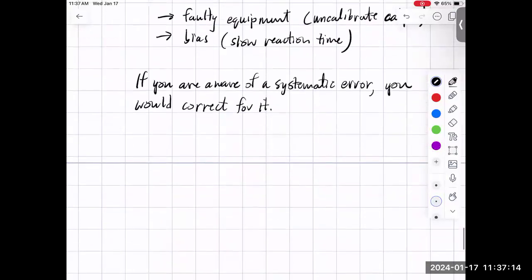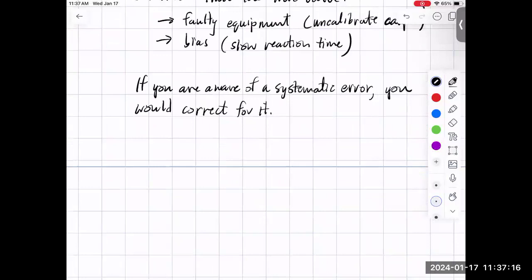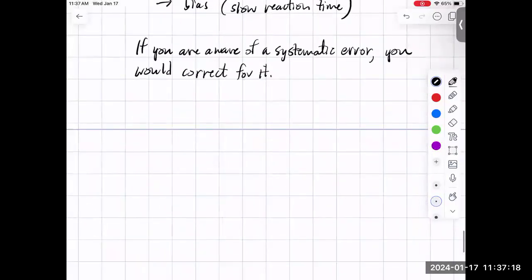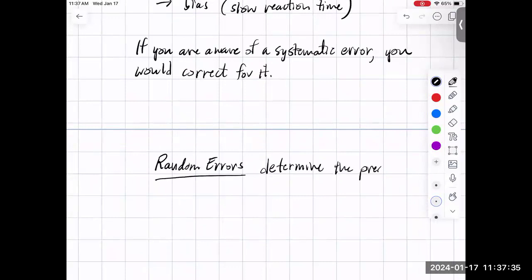Okay, so we had systematic errors, and now we have random errors. These determine the precision of an experiment.